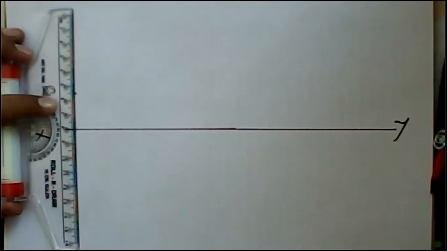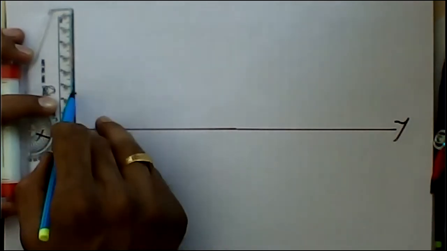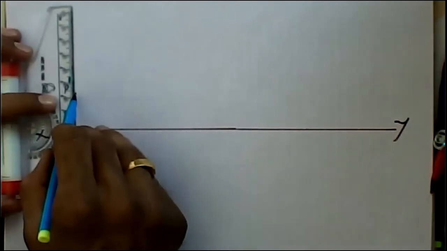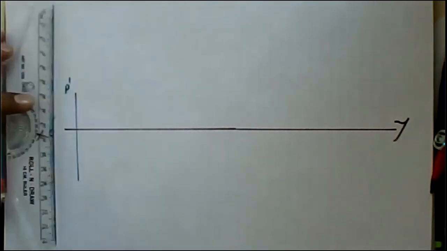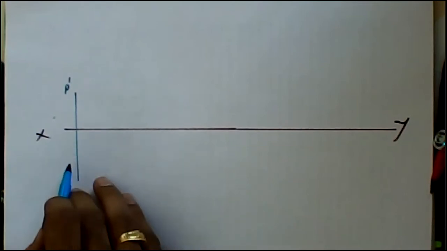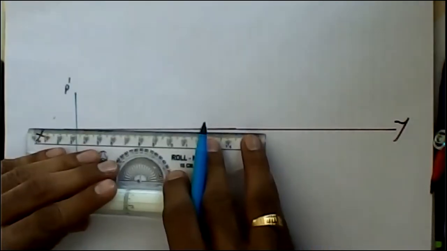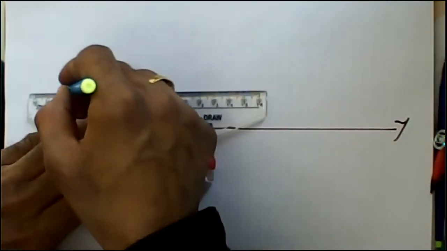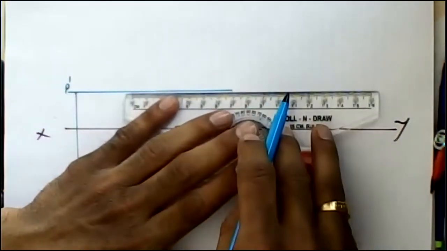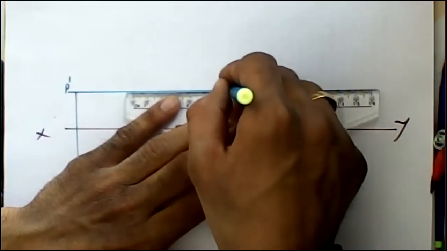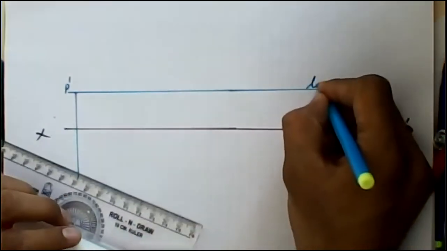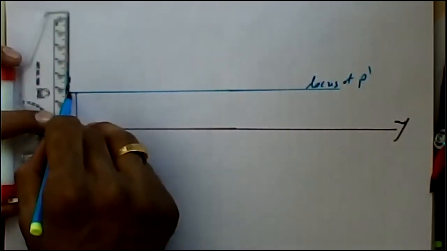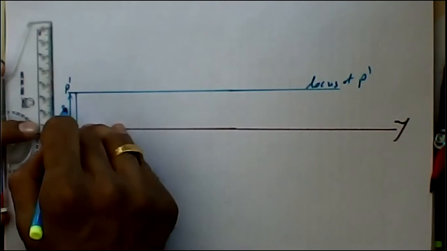Let us mention it as point P dash and extend a line over here because we are not aware what the P is. Make a locus of P dash. Distance is 25 mm above HP. We call this the locus of P dash. Distance is 25 units, 25 mm.